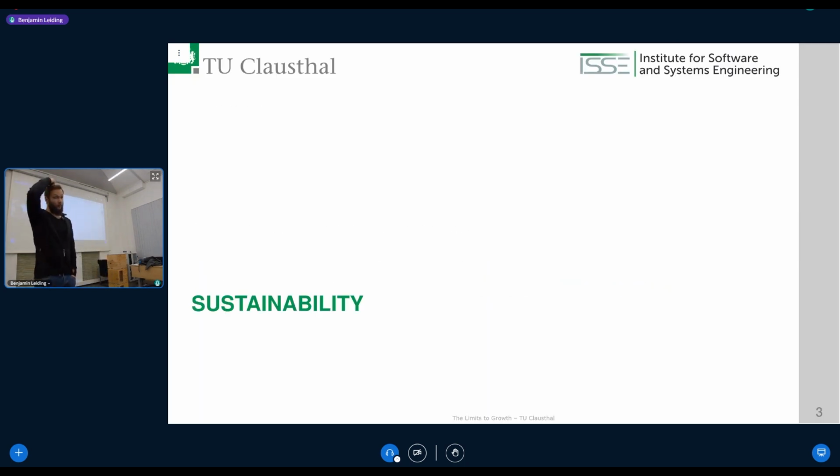So before we go into those topics of resource scarcity and environmental pollution, let's get some definitions straight, because we're using the word sustainability quite a lot, especially in the last lectures.